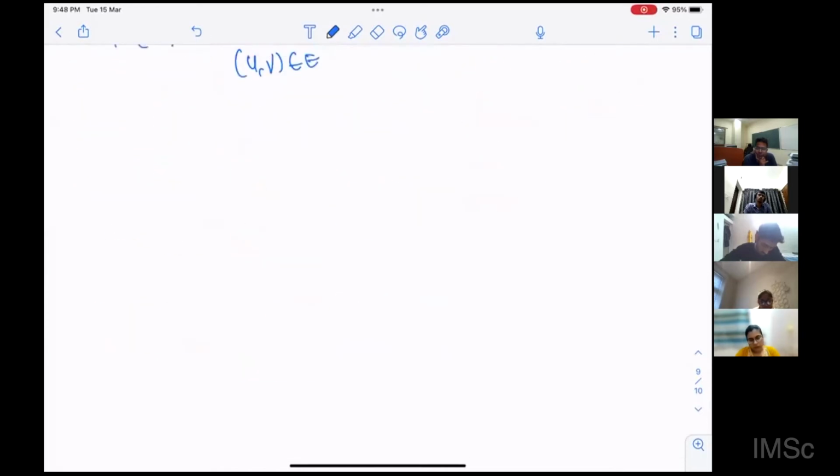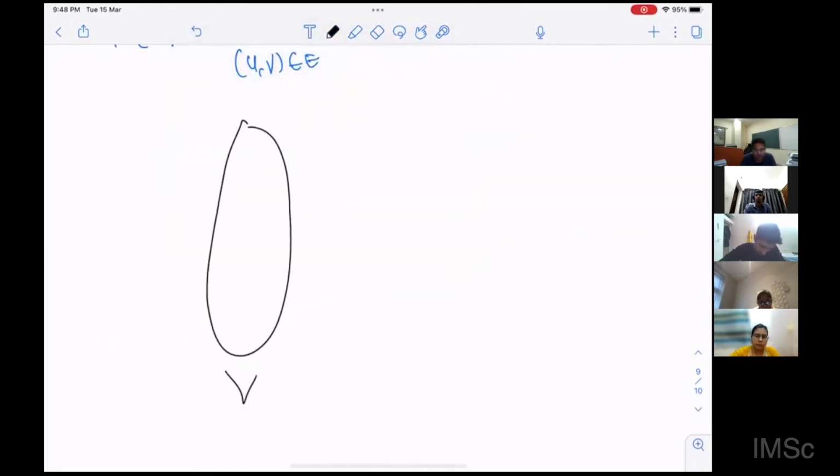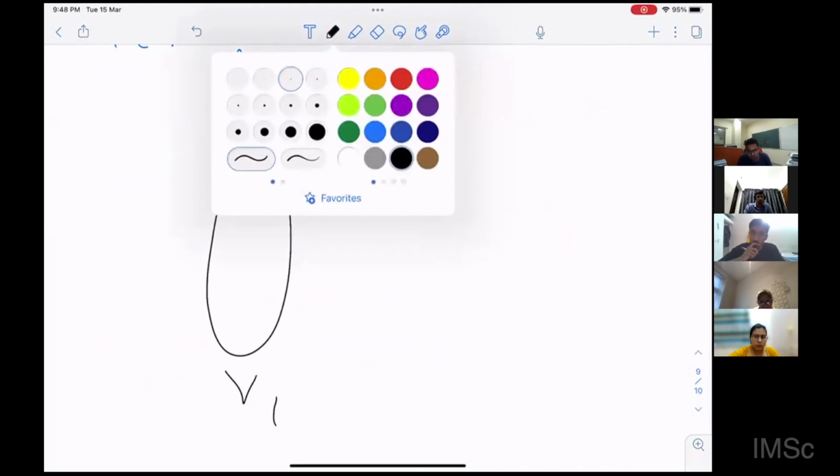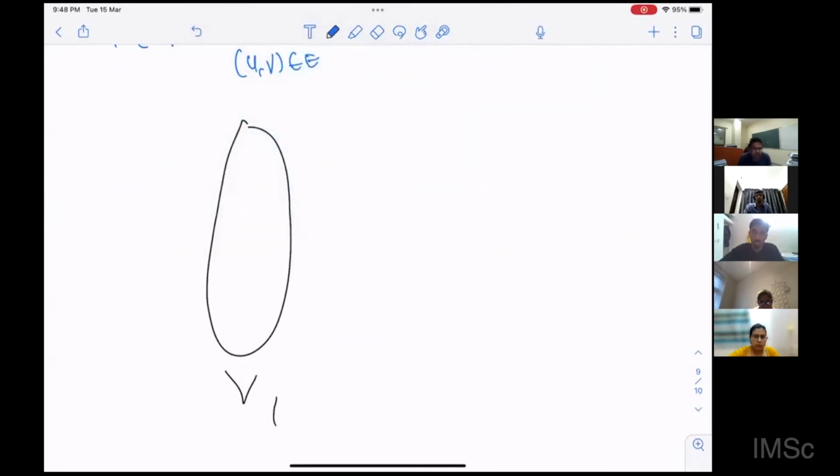Let us focus on V1. What do you want to say in English? From V1, what do you want to select? A vertex which must be a part of the solution. Or in other words, suppose I don't want to select two vertices from here.